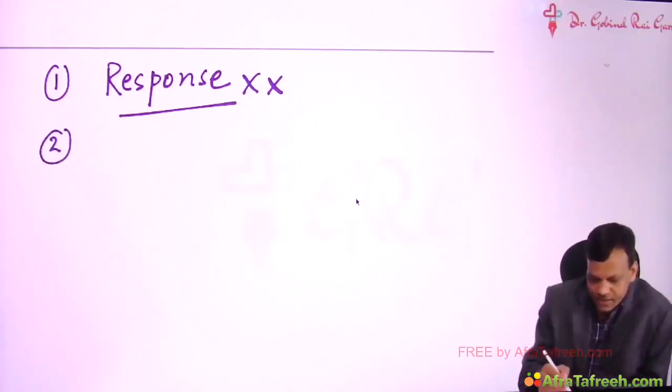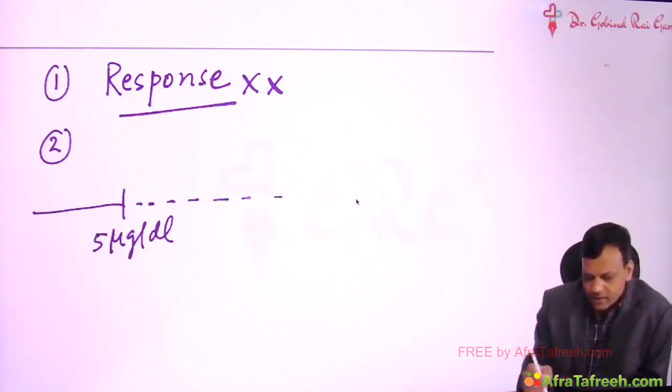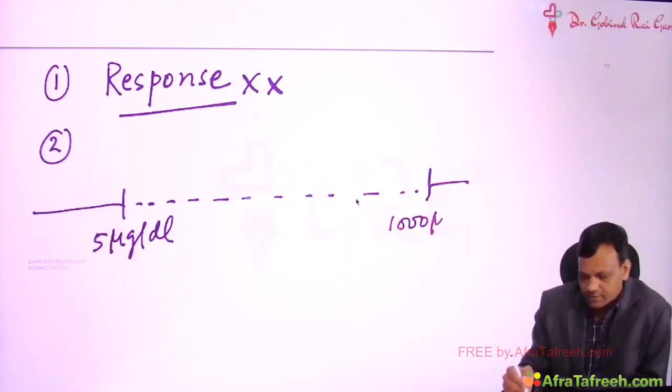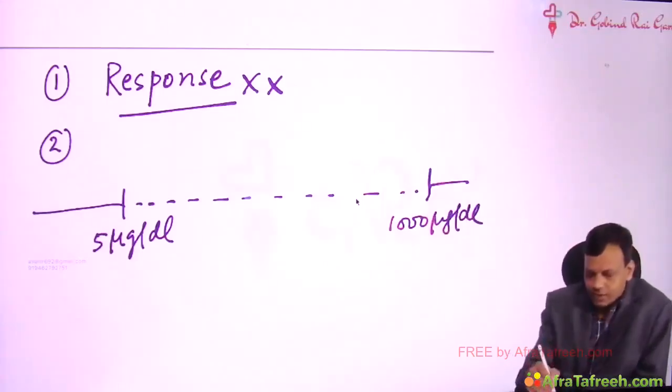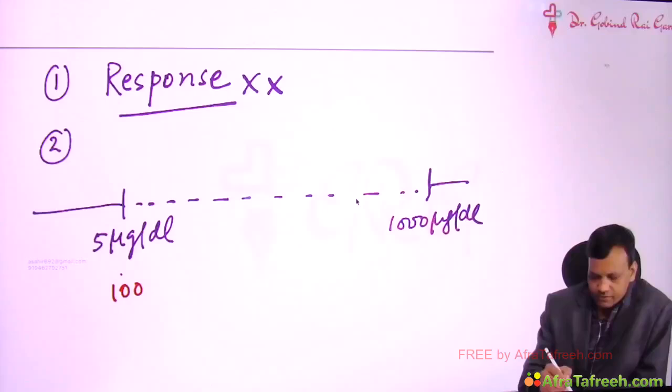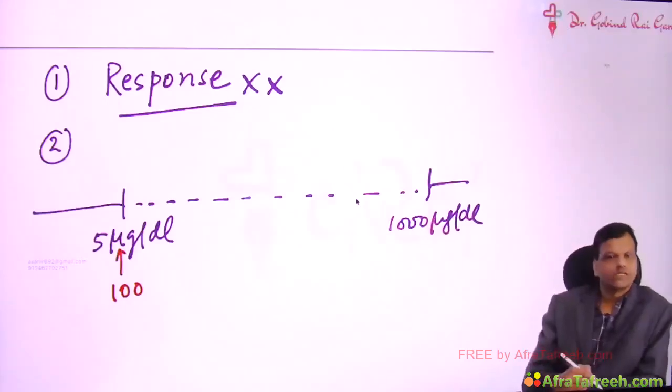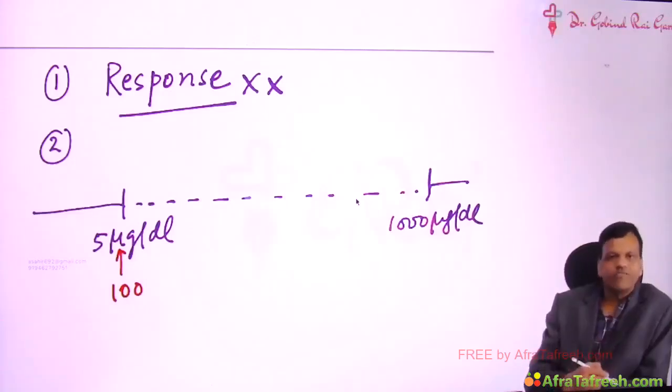Drug is very safe means the effect starts at 5 microgram per deciliter and there is no side effect till the plasma concentration is 1000 microgram per deciliter. And if we give 100 milligram, the concentration comes near 5. Near 5 means it may be 5, it may be 4, it may be 6. So we cannot rely on 100 milligram because if it remains less than 5, it will be ineffective.